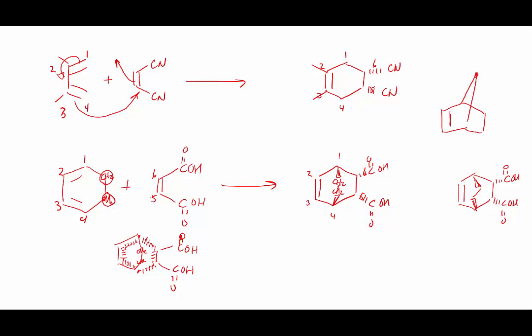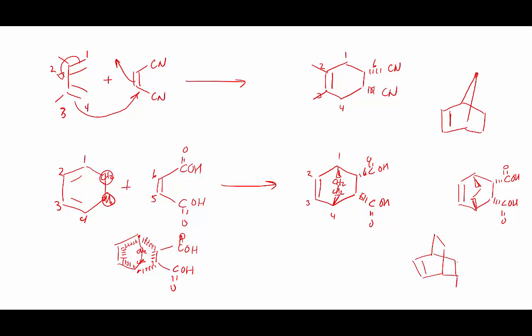It looks like that on its side. What would it look like on its side with a 6-membered ring? It would look like that, with a double bond.